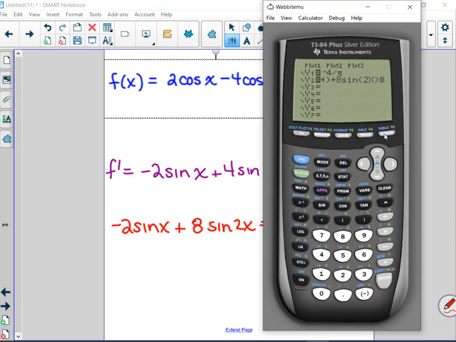Close that. Graph. Now, when I graph that, I'm going to get a lot of stuff. Those two things intersect a lot. Thank goodness I don't need all of them. I'm only interested in the intersections between 0 and pi. So maybe I'll make that negative 1 a little bit smaller than 0, and maybe make that 4 a little bit bigger than pi.